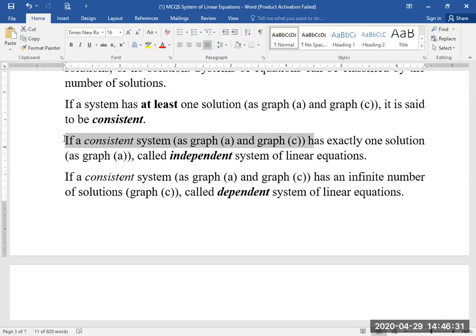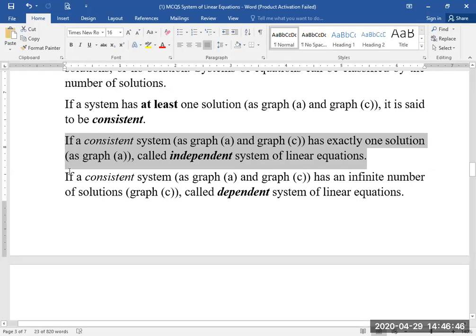Graph A has exactly one solution, and it is called an independent system of linear equations. Graph A represents the independent system of linear equations, because there is one solution. If a system of linear equations has one solution, then we say the system is independent.